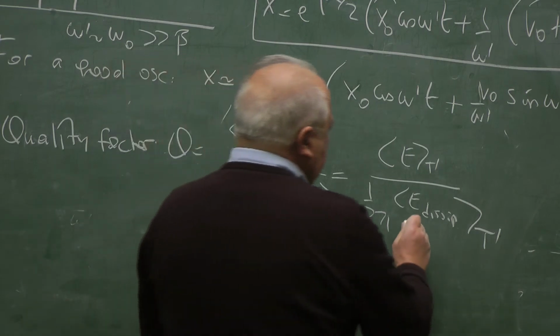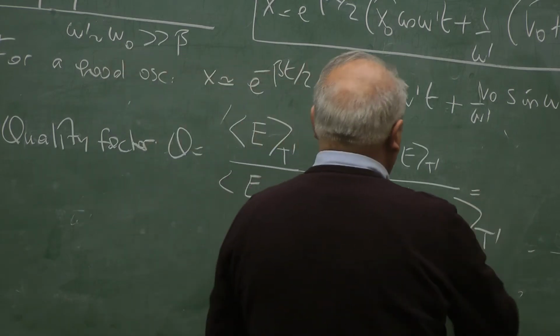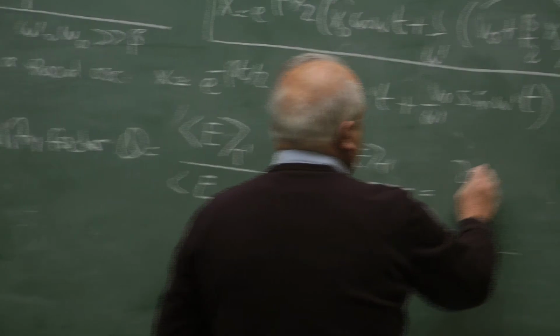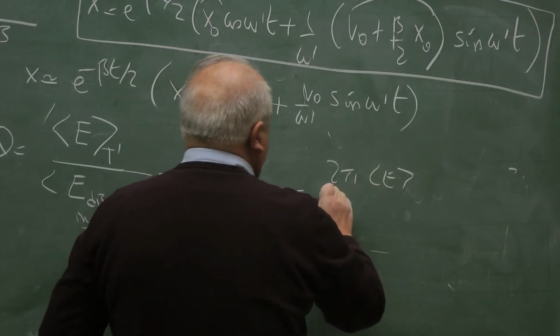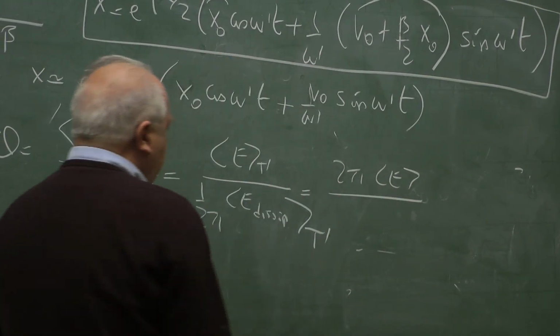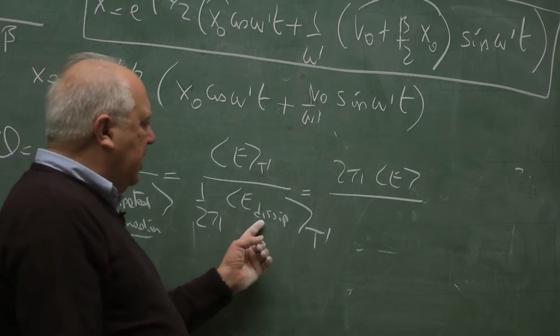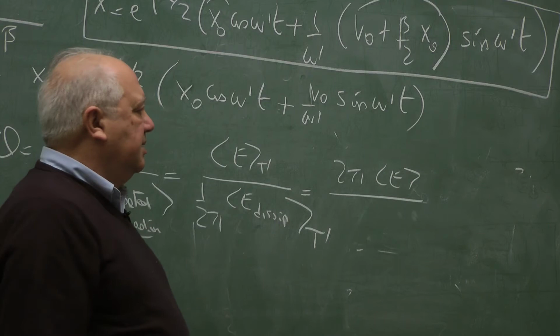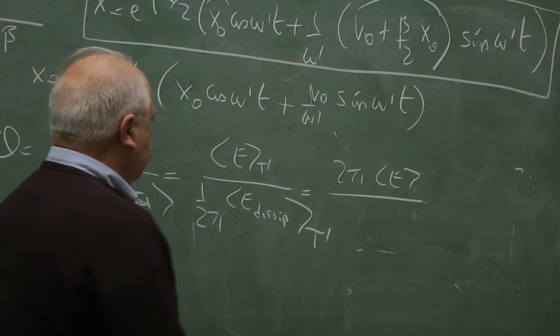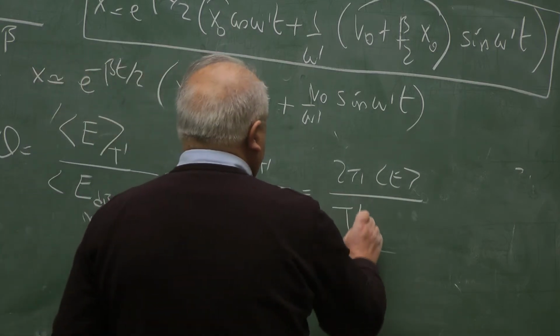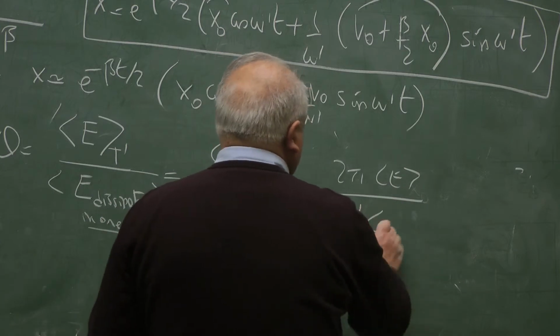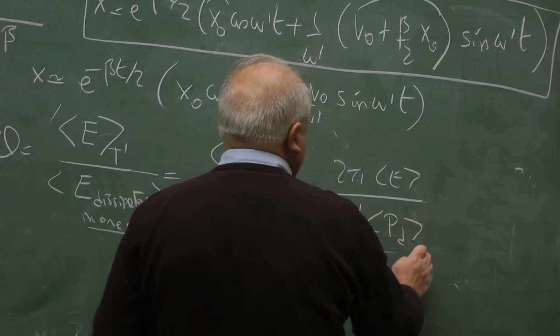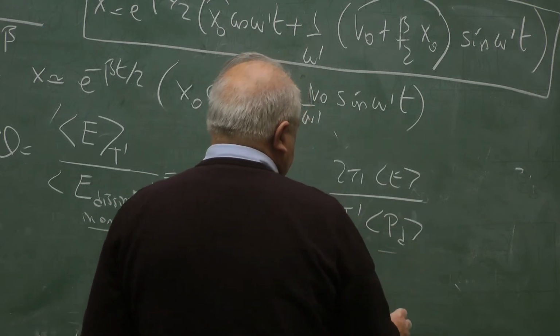And then this part we can write as follows. 2 pi goes up. This is 2 pi E average divided by the energy dissipated, which we can write as the power dissipated times the length of the cycle. So it is T prime times the power dissipated in 1 cycle.